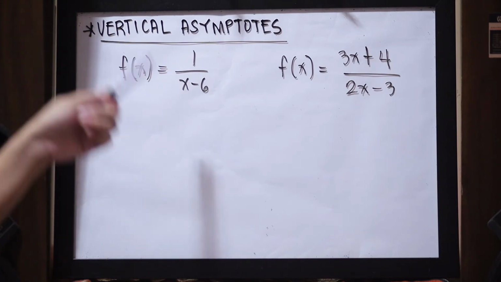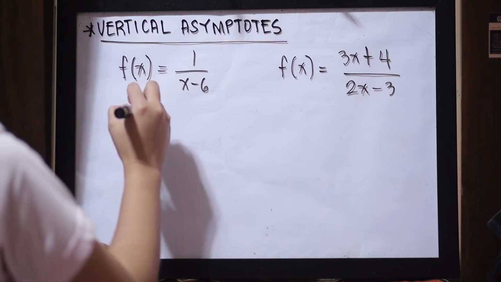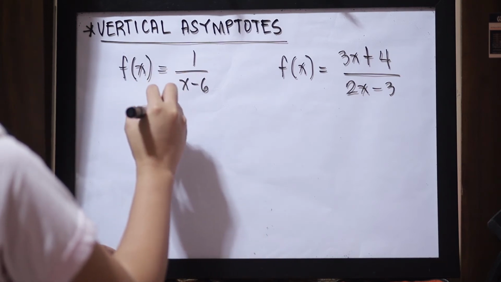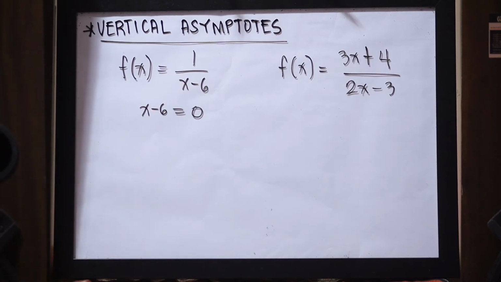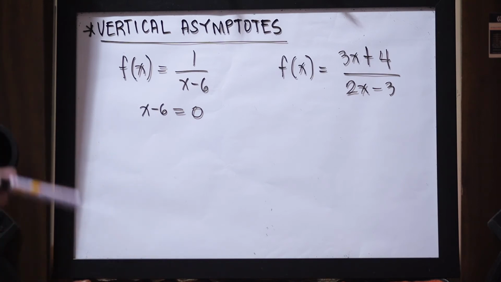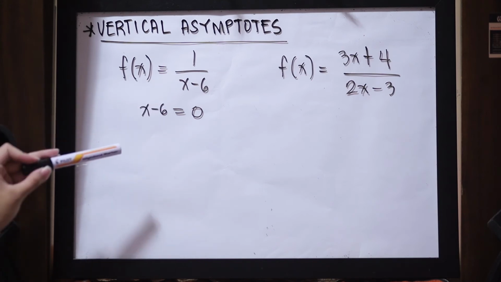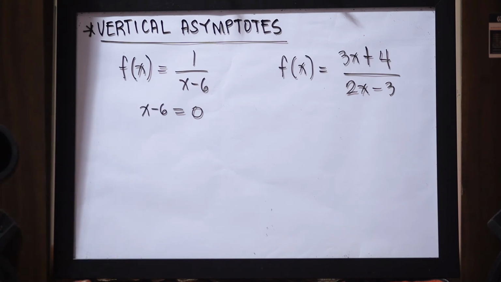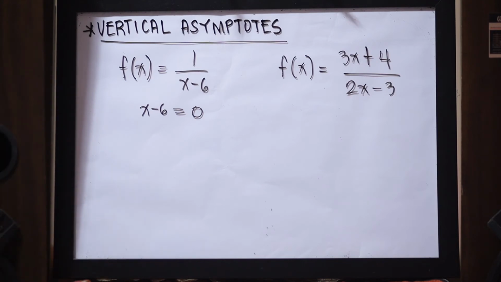So, you just have to focus on the denominator, x minus 6 in this given function, and then equate it to 0. Laging ganon. You just get the denominator, the whole algebraic expression in the denominator, then equate it to 0, and then solve for the value of x. Ganun lang siya lagi. Then the value of x will be the vertical asymptote.